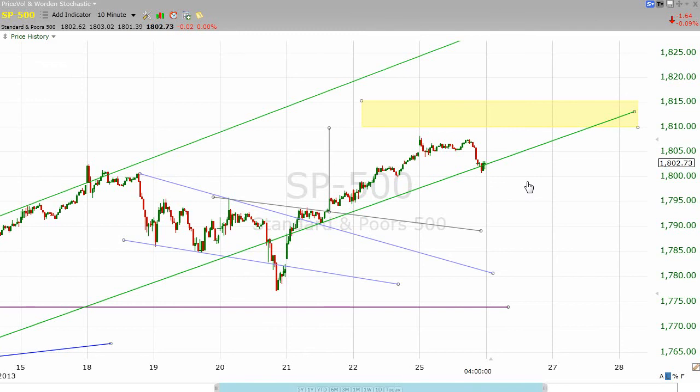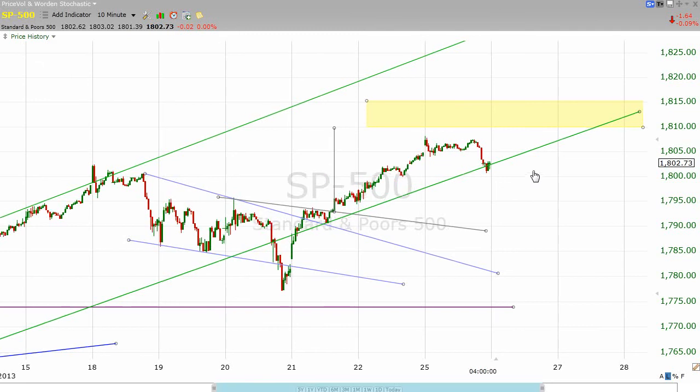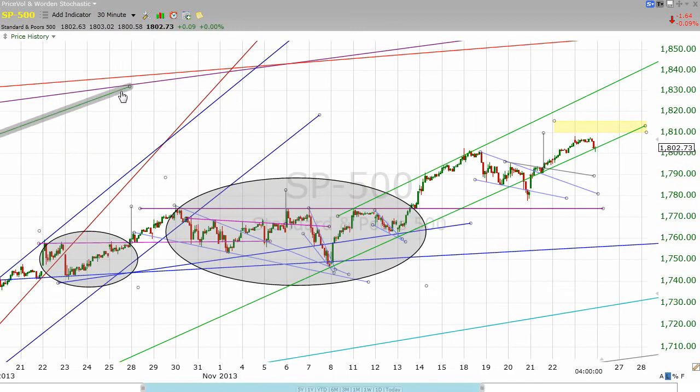Interesting to note that we are still in a territory that is above this last 1802 target that we met. So I don't think the wheels are coming off here, but like I said, it surprised me a little bit to see that dip late in the day.